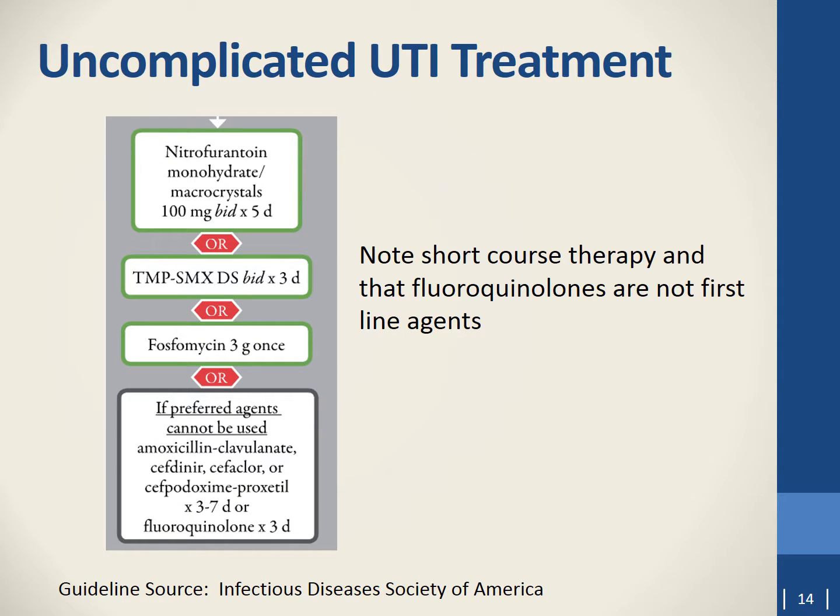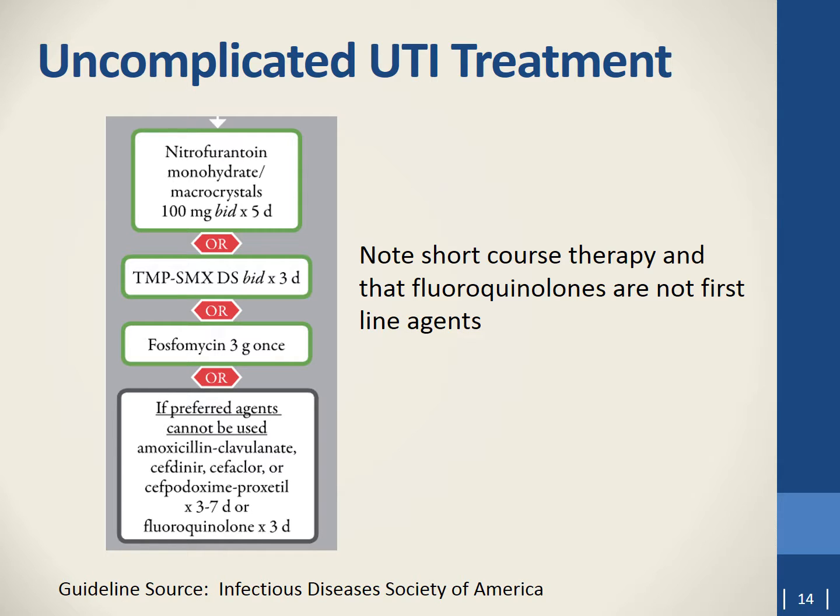In terms of treating uncomplicated UTI, again, this is lifted from the flowchart of the pocket card, and I think it's a nice, helpful summary. You can see that there are essentially 3 first-line agents that are your choices.